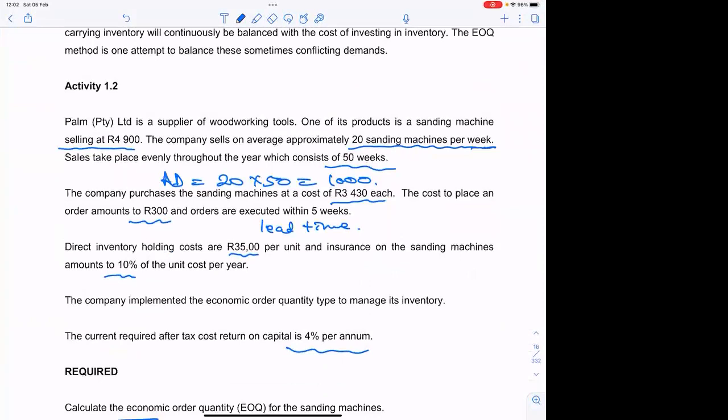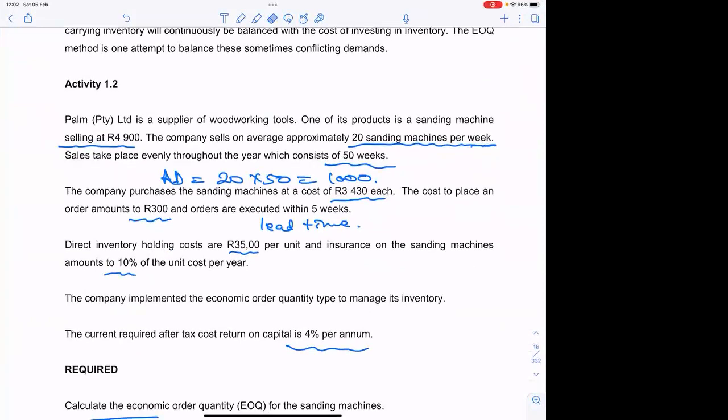the first thing that we need to calculate is the economic order quantity. When we are looking at the EOQ, we said it is the optimal level of inventory. So our EOQ is the square root of 2 multiplied by annual demand multiplied by the cost per order divided by the holding cost per unit. Everything is under a square root.